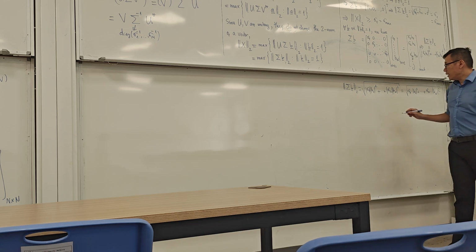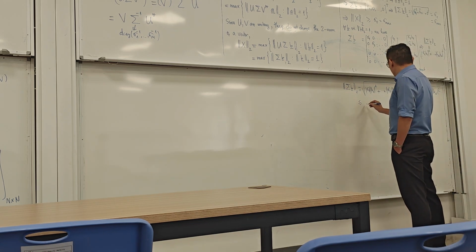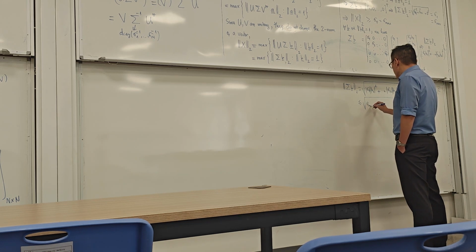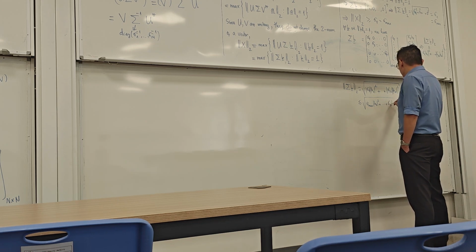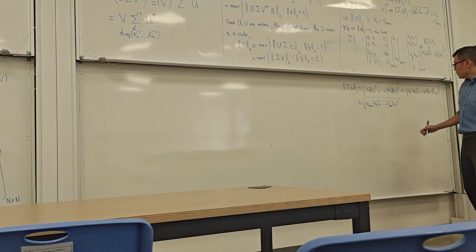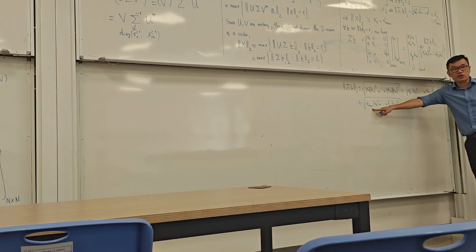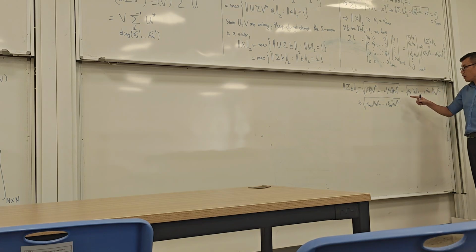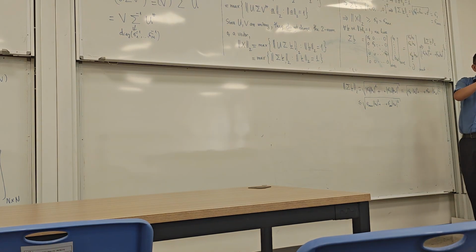Then this is smaller than or equal to the square root of sigma max times b1 squared plus so on plus sigma max times bn squared, because sigma 1, sigma 2, up to sigma n are each smaller than or equal to sigma max. Sigma max is the biggest one among sigma 1 to sigma n.